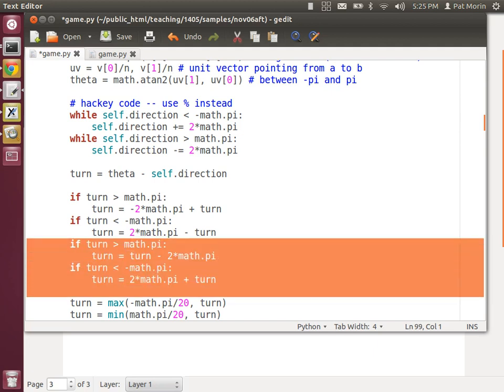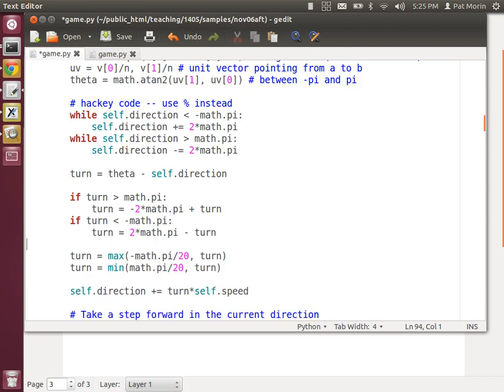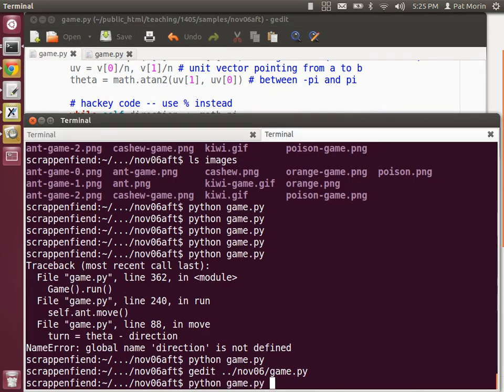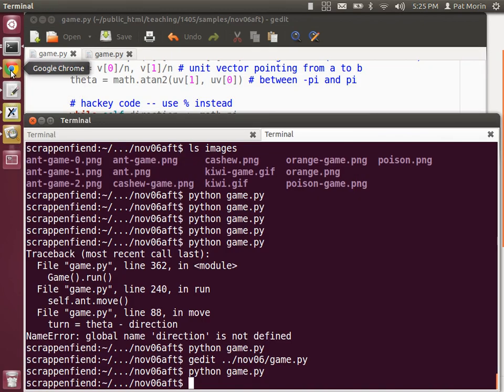Okay. Turn is theta minus self.direction. If turn is less than minus 2 math.pi, if it's bigger than math.pi, turn minus 2 math.pi. That's the same code.